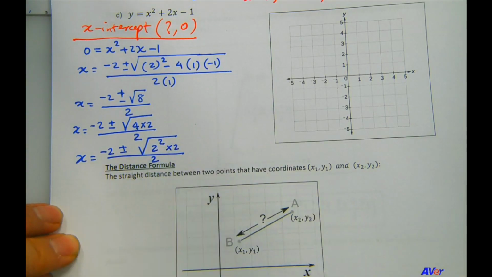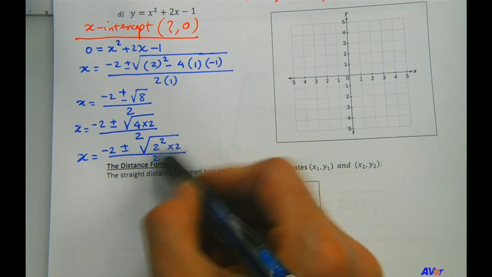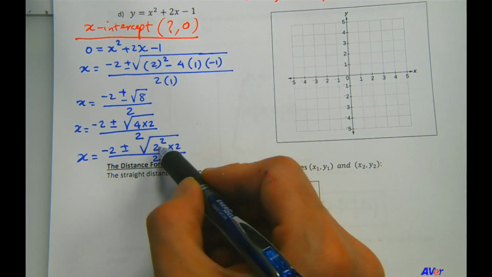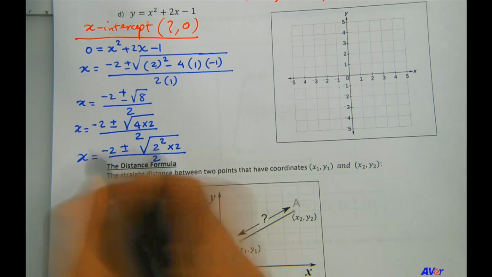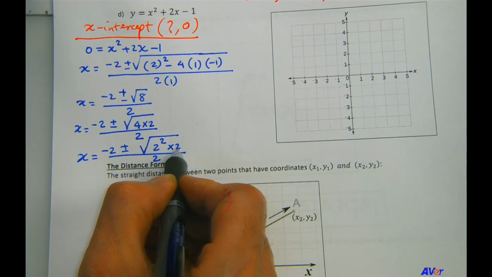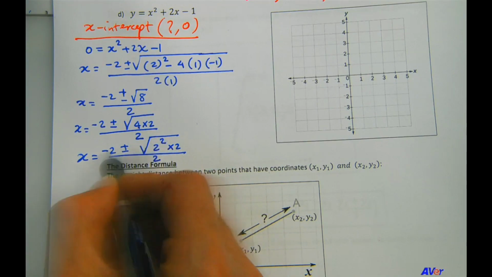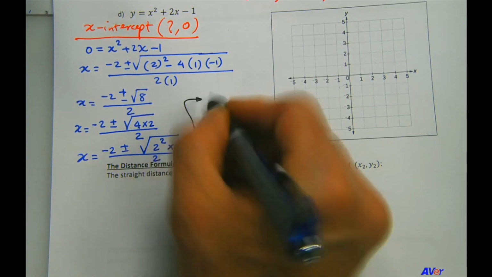Why did I do that? Well, because now I have something underneath this square root that is written in perfect squared form. That means I can remove that piece from the radical. What I will be left with is just this 2. And when this term comes out, the 2 gets canceled. So this is what we have.